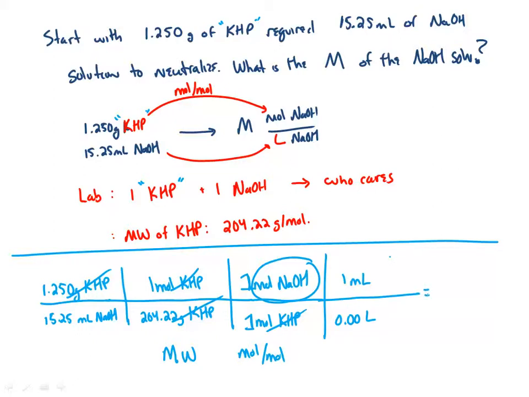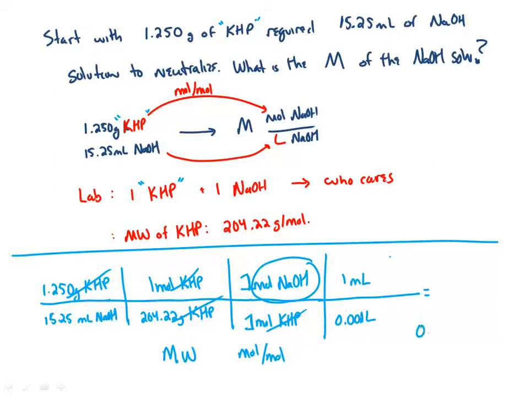We plug it into our calculator, and we get 1.250 divided by 15.25 divided by 0.001. Oops, forgot the 1 in that. Oh, I forgot the 204. I'm like, there's no way that's a good answer.